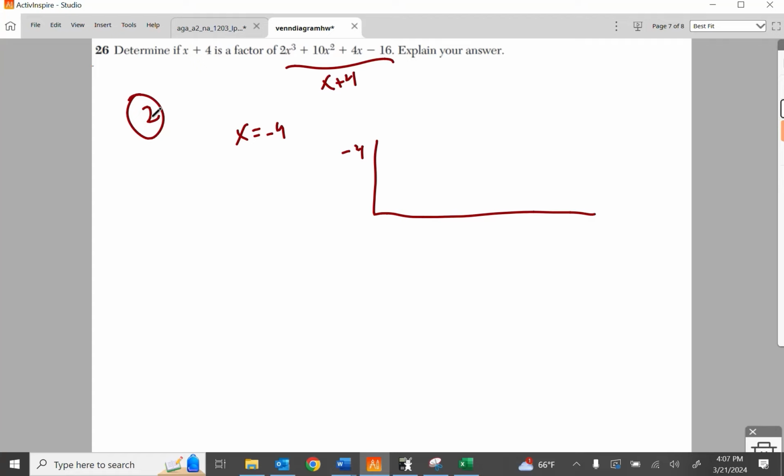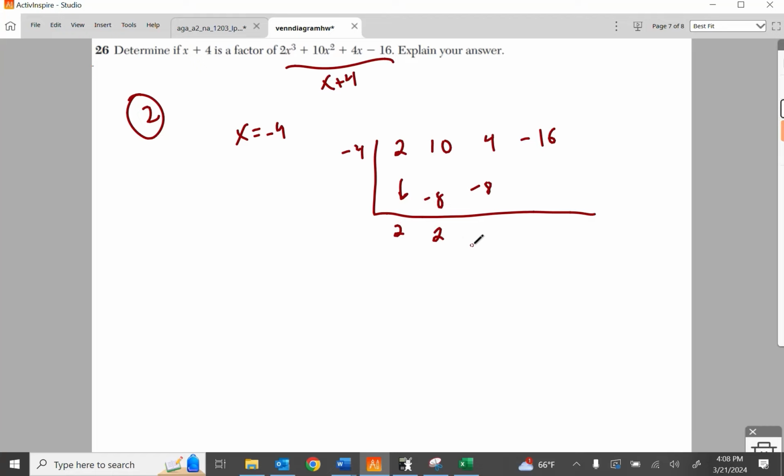I have no idea if you have a calculator on you or not. I'm saying is I have no idea if this is a calculator problem or not. But I take a negative 4 and I do synthetic division. Doesn't look like I need any placeholders. I drop and I multiply and I add.